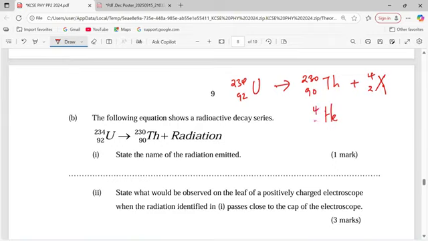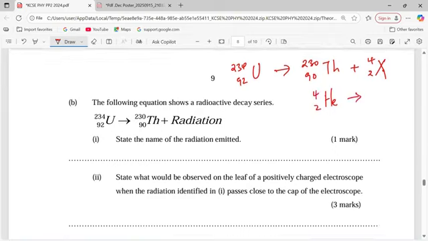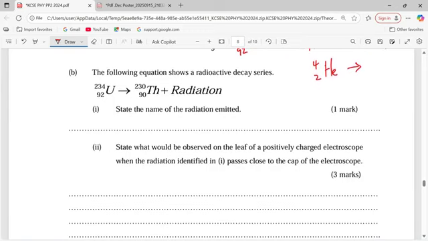Helium particle, which is 4, 2, and this simplifies to what we call alpha decay. So this stands for alpha decay. Very simple. Alpha decay.